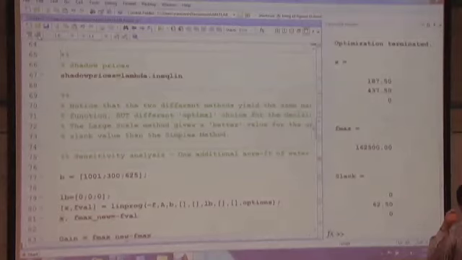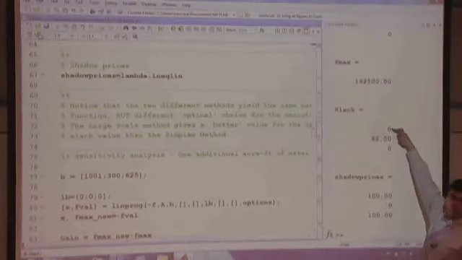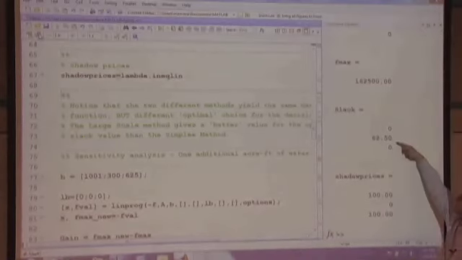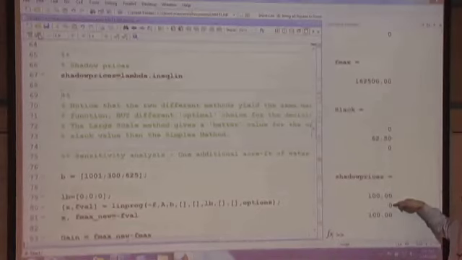It also maximizes the slack. And it's the same shadow price. That doesn't change, right? If it's a binding constraint, you have a positive shadow price. If it's not binding, you have no shadow price, right?